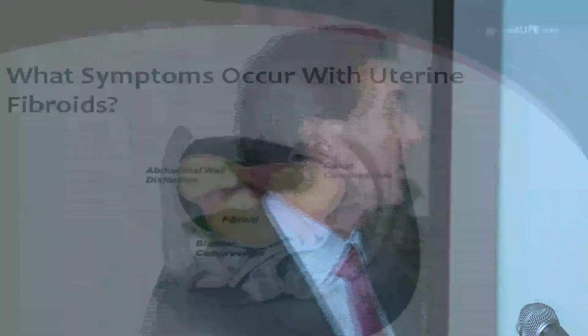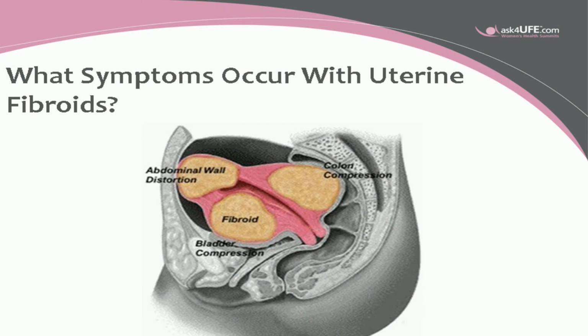This is a schematic showing how different locations of the fibroids will cause different symptoms. This is a schematic of the body cut in the sagittal plane. This is the anterior portion of your abdomen, and this is posterior, or back. If the fibroids are pushing on the back portion, they're pushing against the colon, and they can cause constipation.